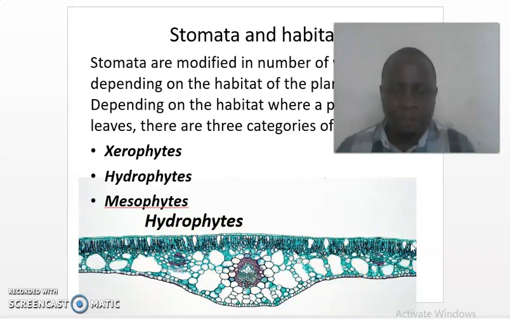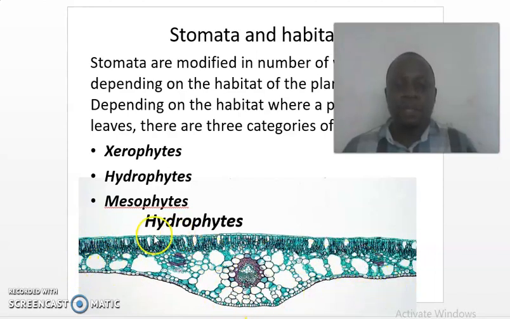So this is a photomicrograph of the leaf. It was captured and produced here. So if you look keenly, above the leaf, there exist a number of stomata. So stomata in hydrophytes, that is, plants that grow in water surfaces like the water lily, have a lot of stomata on the upper side and no stomata on the lower side.